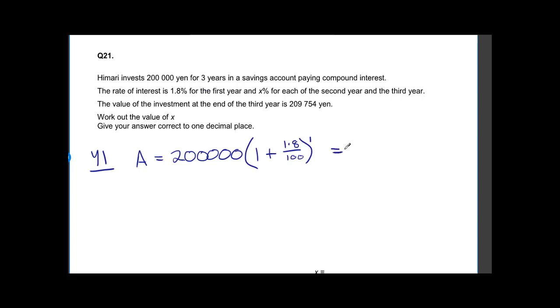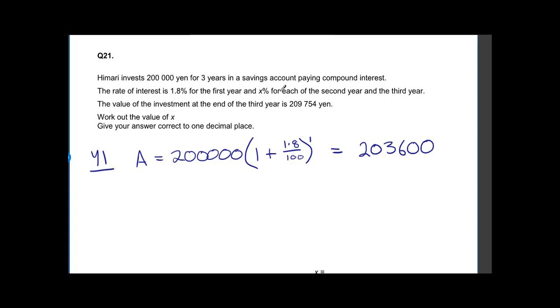Whatever that is, 1.018, that's 203,600. Alright, good.